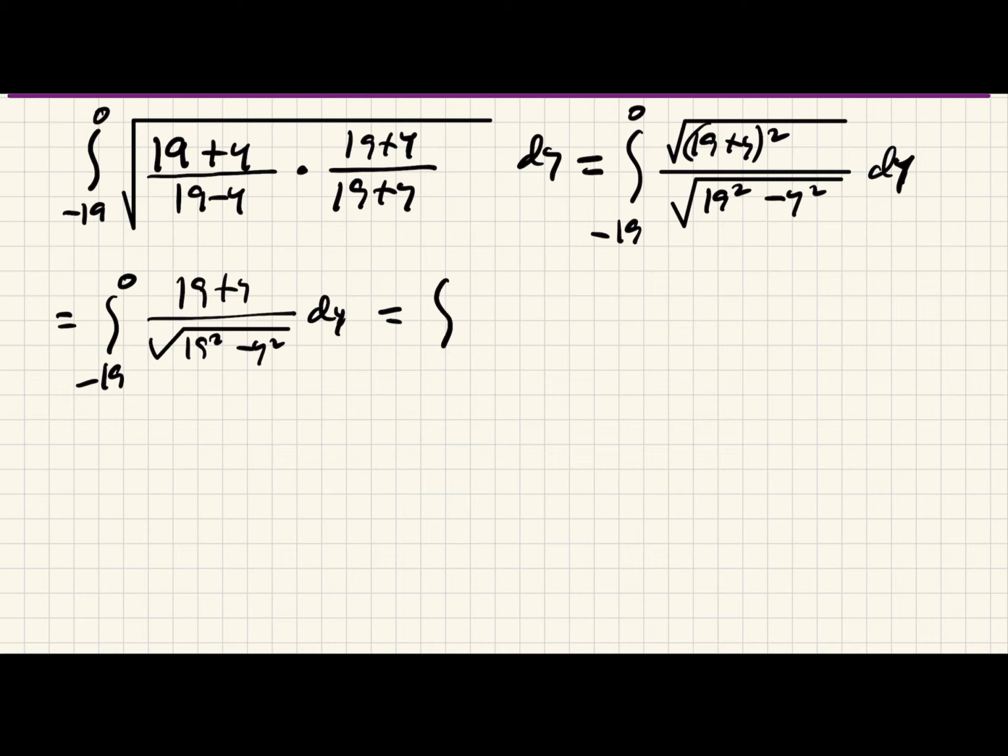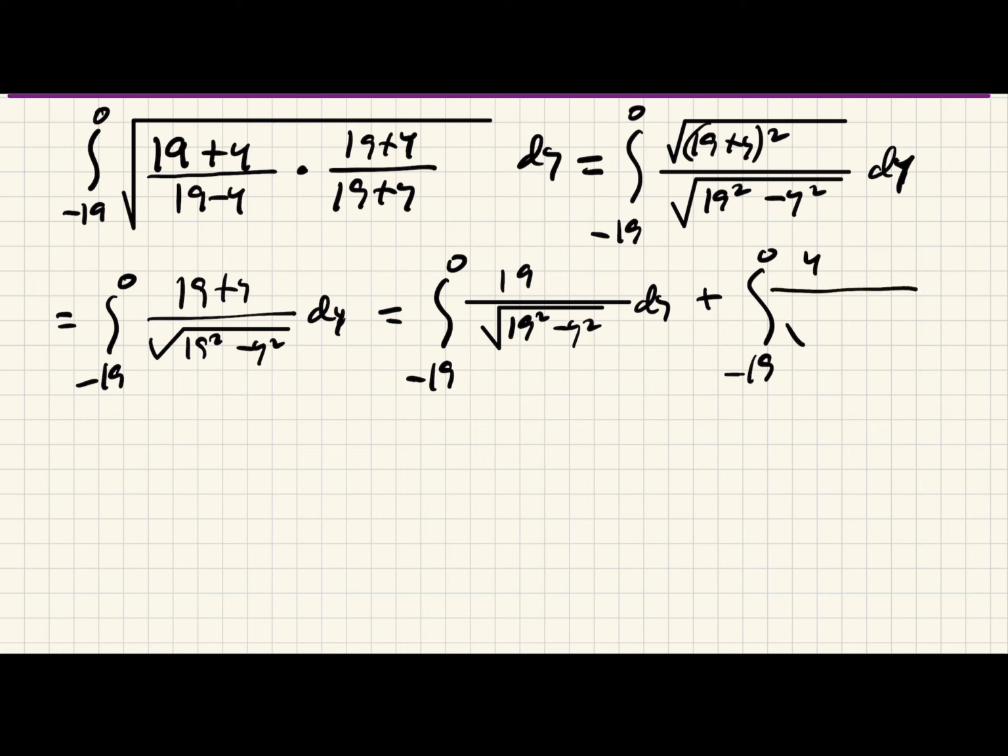So I can make that the integral from minus 19 to 0 of 19 over the square root of 19 squared minus y squared dy, plus the integral from minus 19 to 0 of y over the square root of 19 squared minus y squared dy.